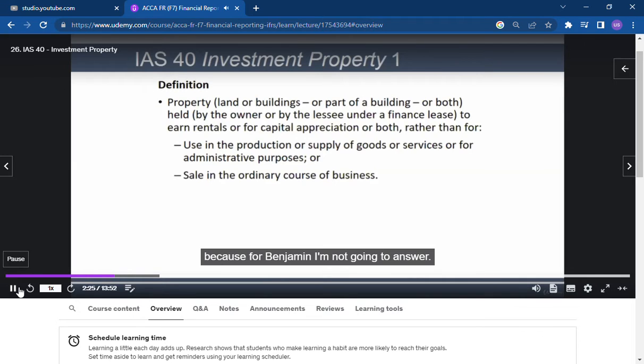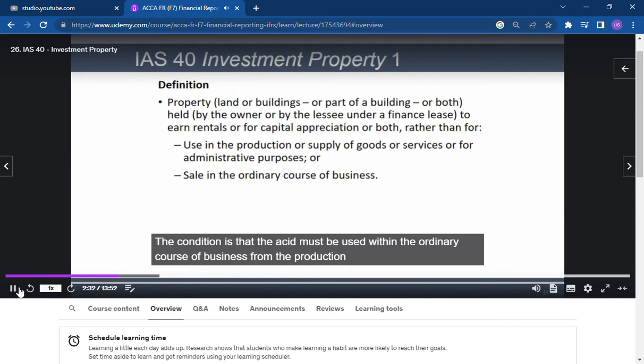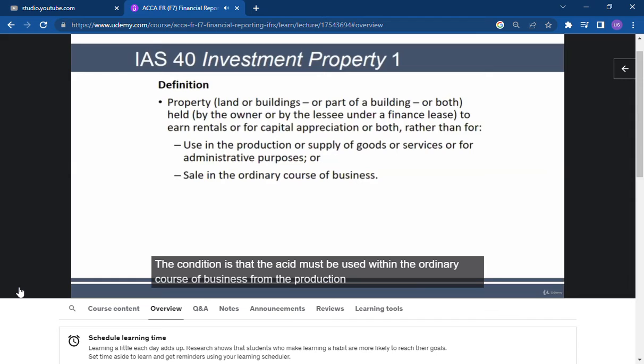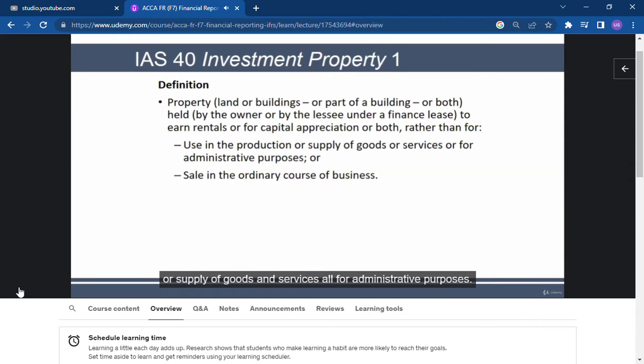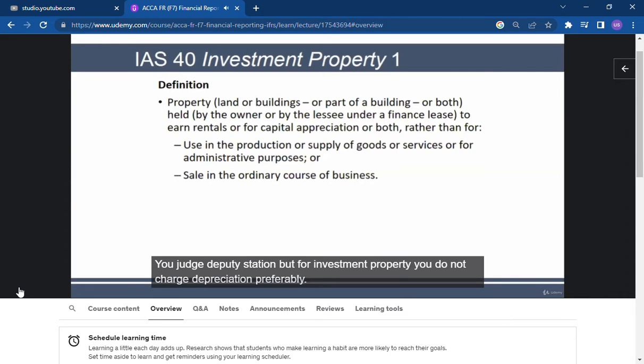Because for a tangible non-current asset under IAS 16, the condition is that the asset must be used within the ordinary course of business for the production or supply of goods or services or for administrative purposes. And remember that in IAS 16, you charge depreciation.